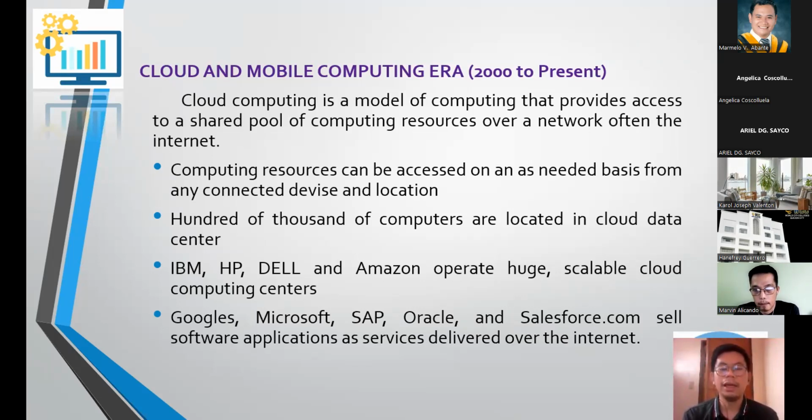As of today, any machine linked to the internet, such as desktop computers, laptops, tablets, entertainment centers, smartphones, and other client machines, can access thousands or even hundreds of thousands of computers located in cloud data centers.